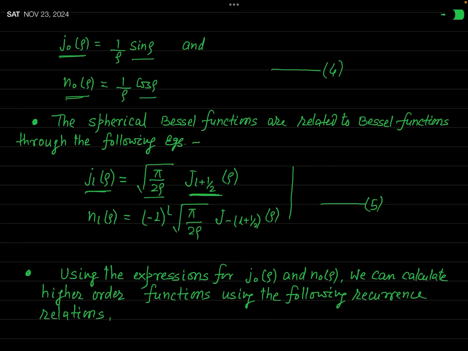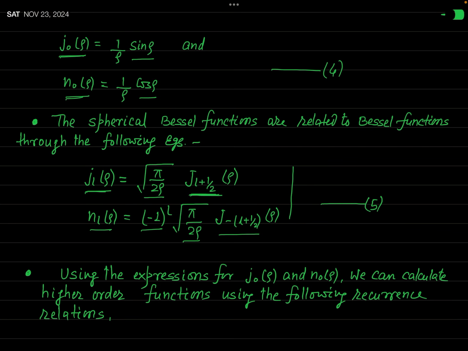And this n_l of rho is equal to minus 1 raised to the power l times the square root of pi over 2 rho times J_{-l+1/2} of rho. I suggest you must remember these two results.